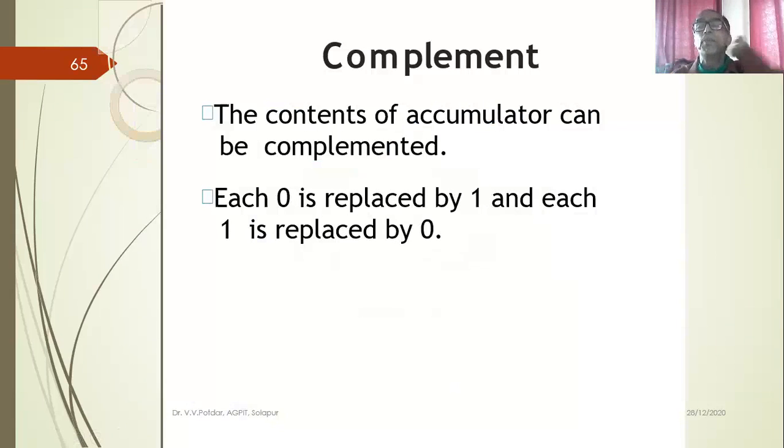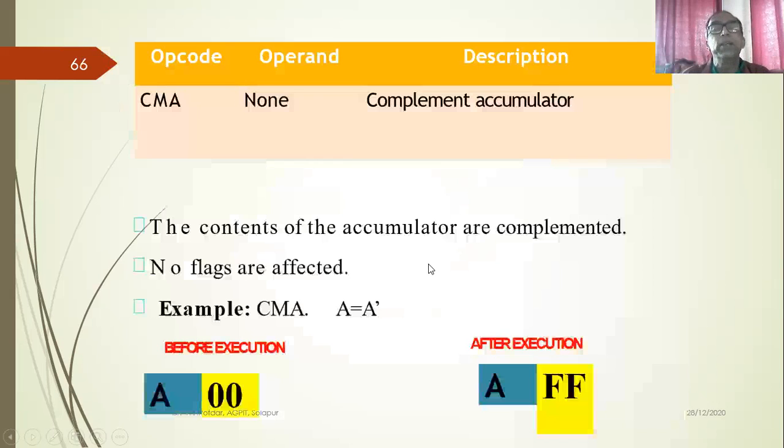Then the next group of instructions is complement. The contents of the accumulator can be complemented. Each 0 is replaced by 1 and each 1 is replaced by 0. That is called the complementary operation. The opcode is CMA. Operand is none, complement accumulator. The contents of the accumulator are complemented.